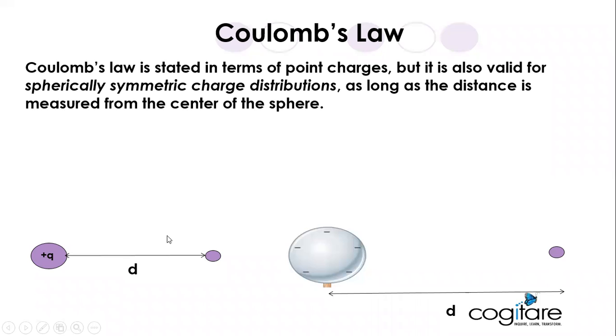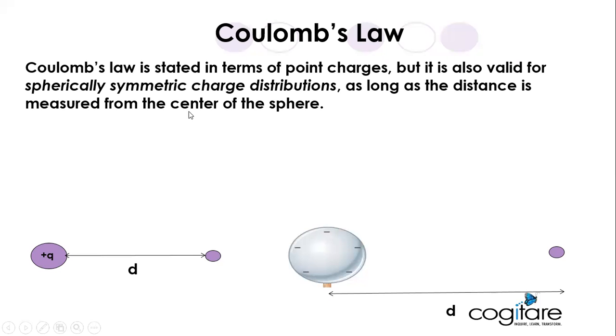Yeah, because so long what we have been telling is, this is one charge here Q, some other charge Q. So when we are talking about this, we are assuming that this charge is a point charge and we are able to take these distances D. But what if in the real world, you don't have point charges now? You will have some sphere. On that sphere, you will be depositing some charge, right?